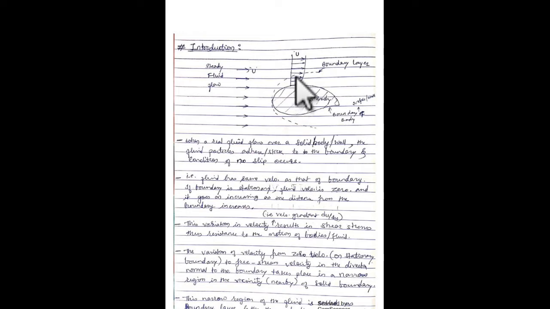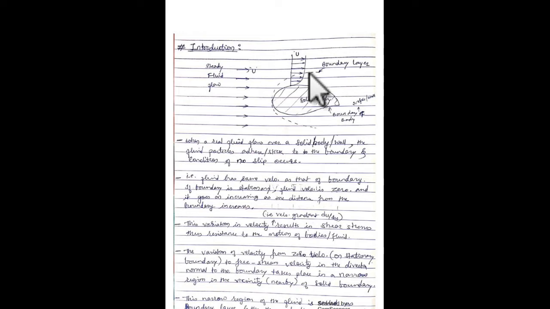As we go in the upward direction, the velocity keeps increasing, and at the upper stream there will be the maximum velocity, which is equal to the free stream velocity. So this is the velocity diagram. A velocity profile is created when the fluid flows over a solid body, and this is where the boundary layer takes place.